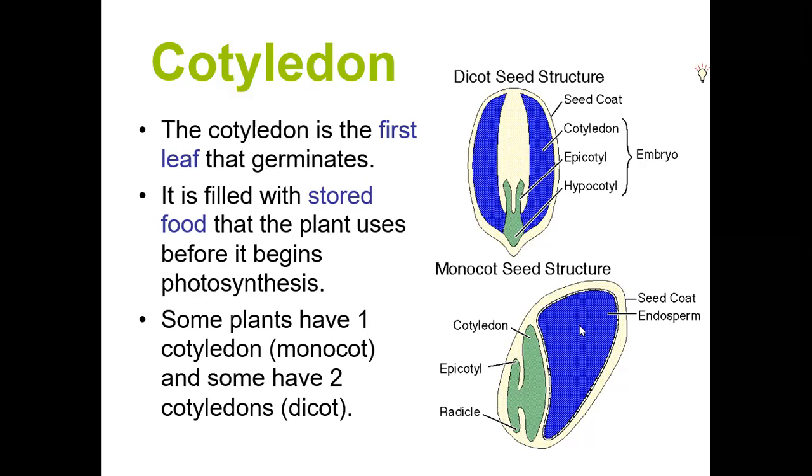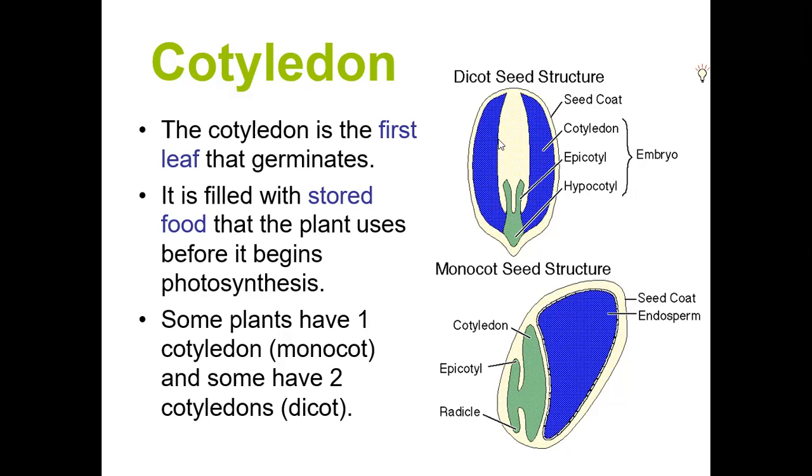In maize, only one part is here, not two parts. This is monocot, and in dicot there are two parts, one left side, another right side. And in this cotyledon, food is stored.